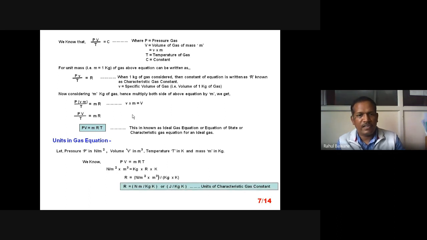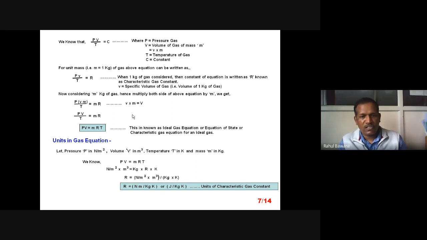So we come to know that the characteristic gas constant has a unit Newton meter per kg Kelvin. Newton meter can also be replaced by joules. So it is also said as joule per kg Kelvin. This is the basic unit.